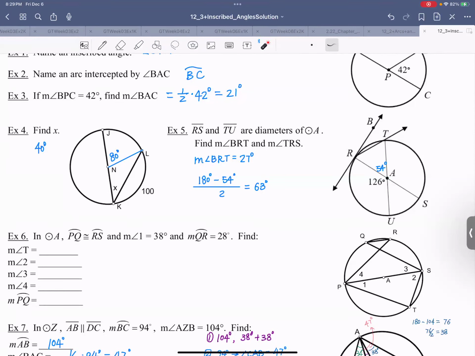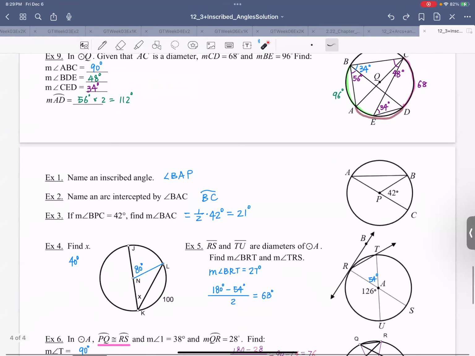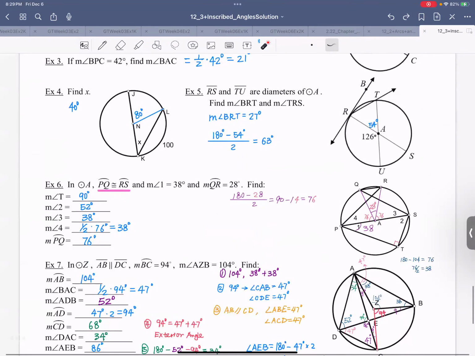How many of you think this part of the question, you start to feel, oh, geometry is going to be hard? Yes? Do example 6 and then do example 7. Who wants to do example 7 with me?